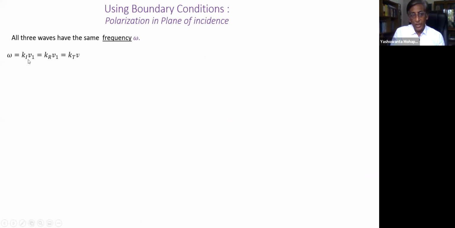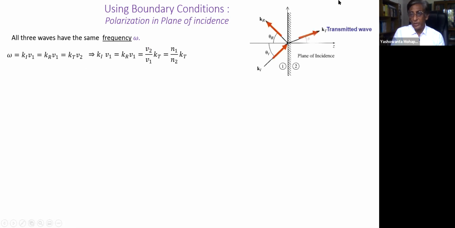So omega must be ki v1, kr v1, and kt v2, and the k's can be related like this: ki v1, kr v1, v2 by v1 kt, which is nothing but n1 by n2 times kt if mu1 is very close to mu t.